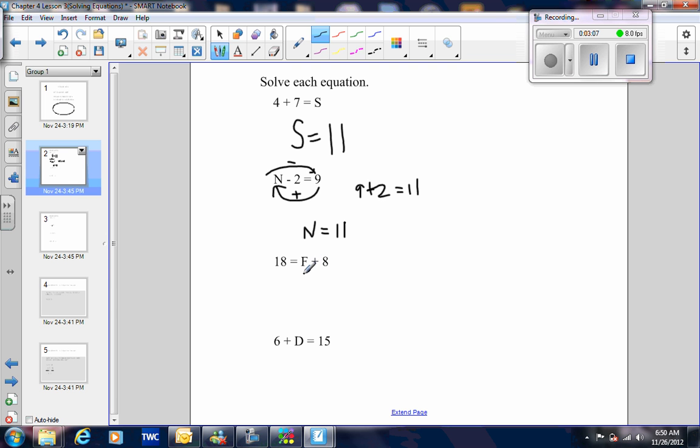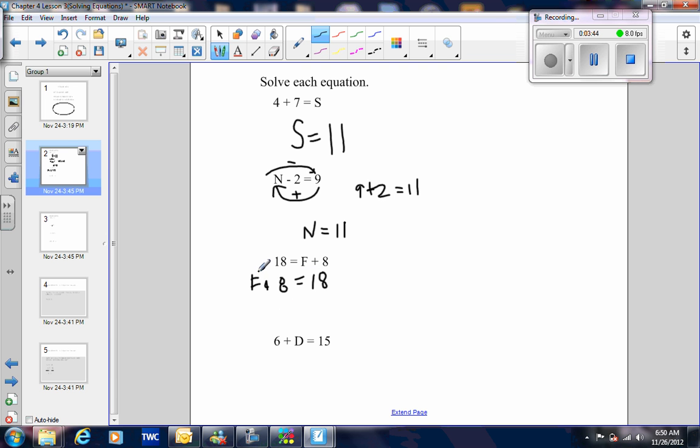All right, with this one then, I've got f plus 8 is equal to 18. I'm actually going to rewrite it that way. I'm just going to take this side, 18, put it on this side, take f plus 8 and put it over here. So both sides, I haven't changed anything yet. So f plus 8 is equal to 18.